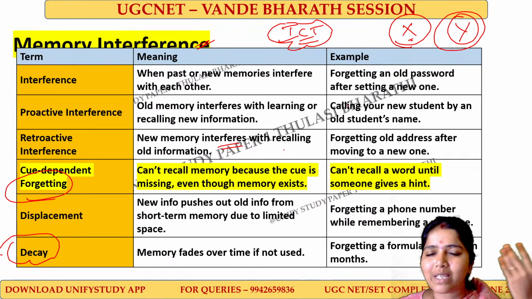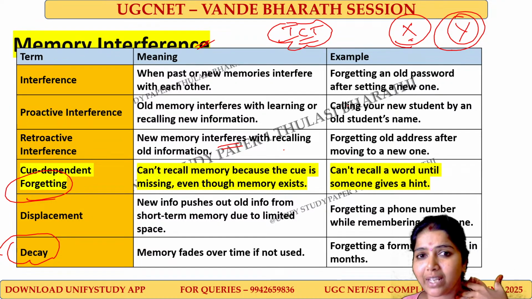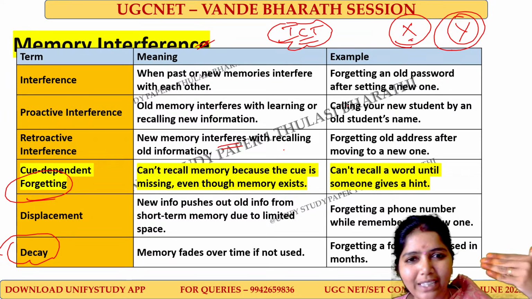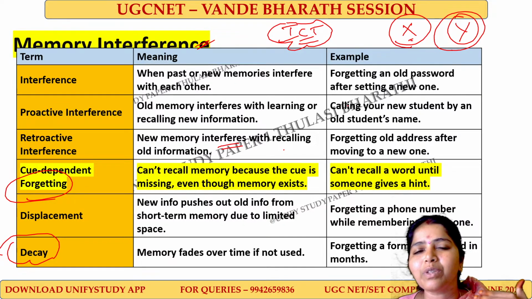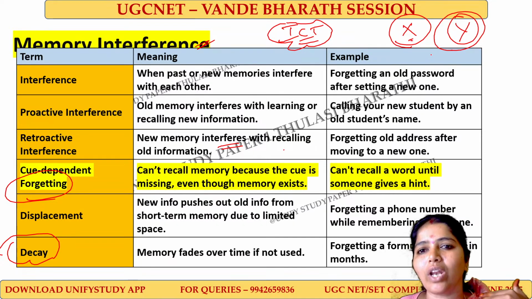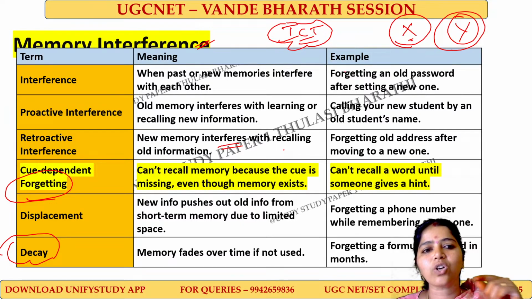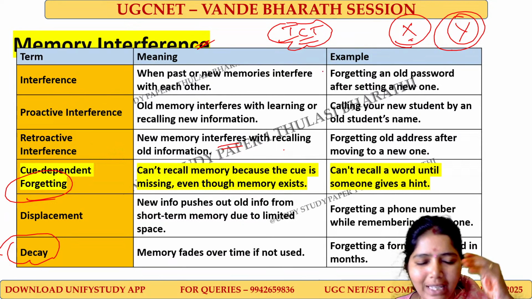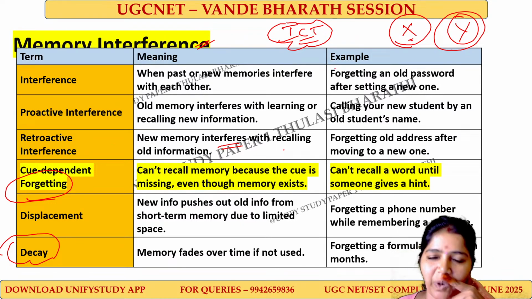So what happens in my memory? There is some kind of interference with my old friend's name. I want to call my friend Y, but I am calling my friend Y as X. This is called interference. That's why I was not able to call.